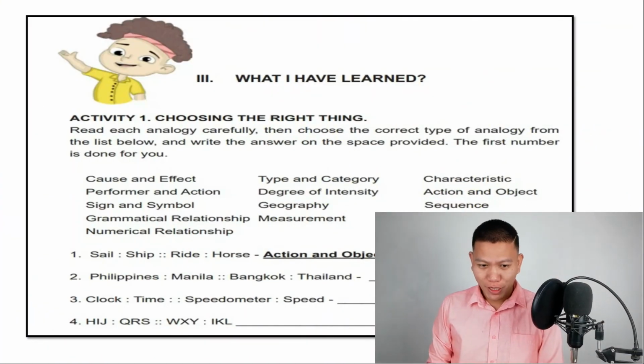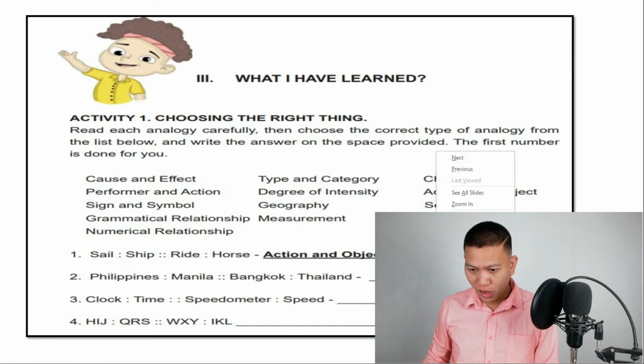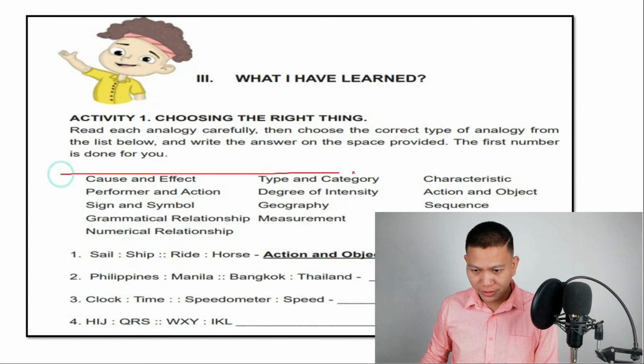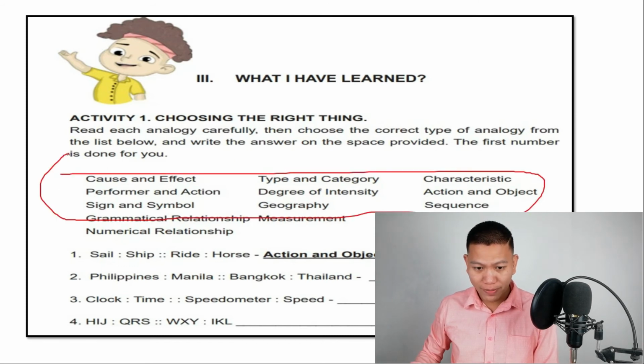What I have learned. Activity number 1. You have here the different types of analogy, the ones I just discussed a while back. You are to identify to which type each number falls under.